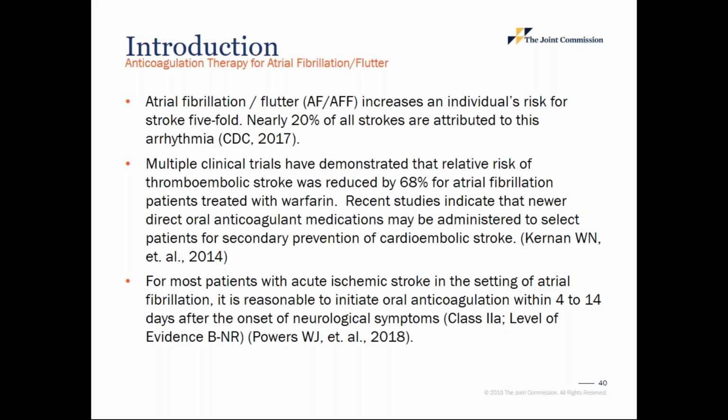The principal adverse consequence of atrial fib is ischemic stroke. In the United States, this arrhythmia is estimated to be responsible for more than 70,000 ischemic strokes each year. Therefore, the treatment of atrial fib among patients with prior ischemic stroke is a major focus of preventative stroke care.